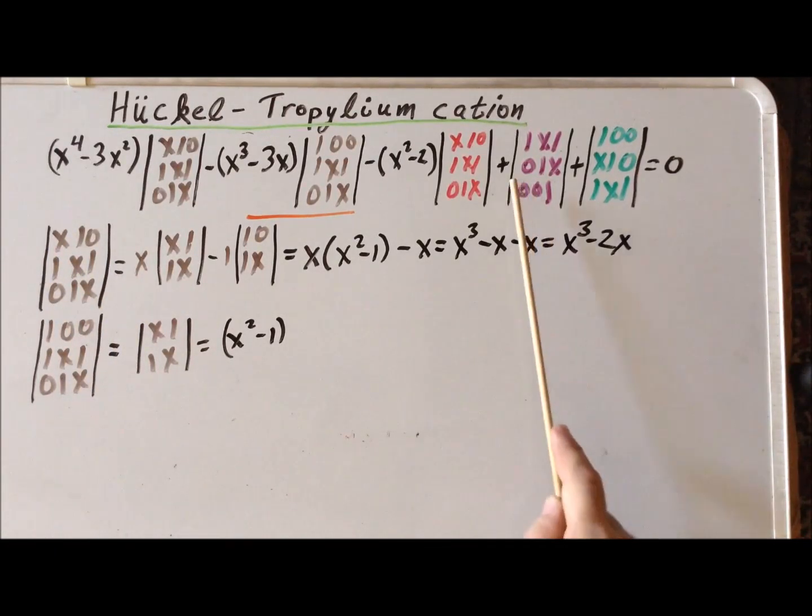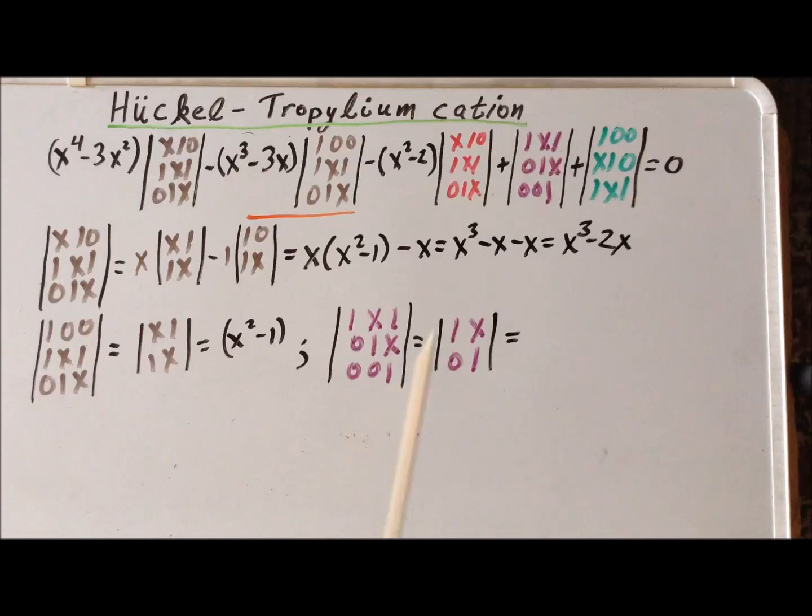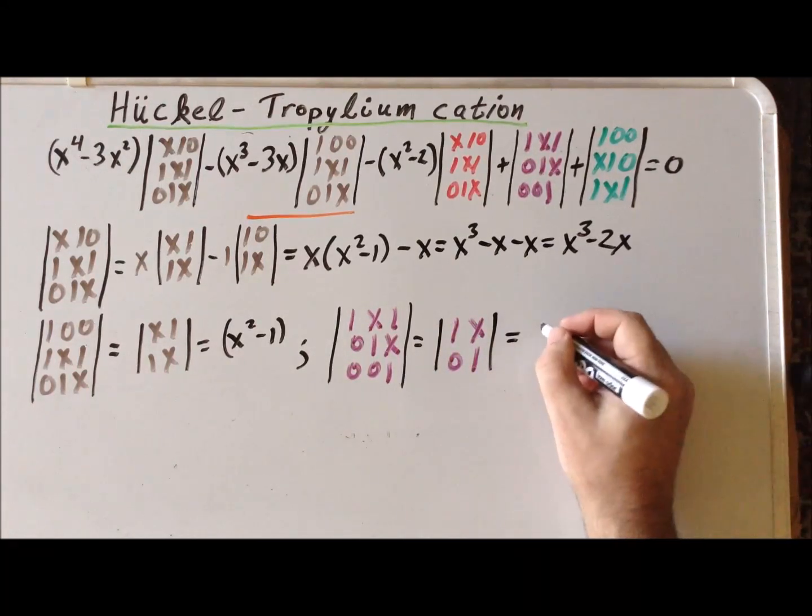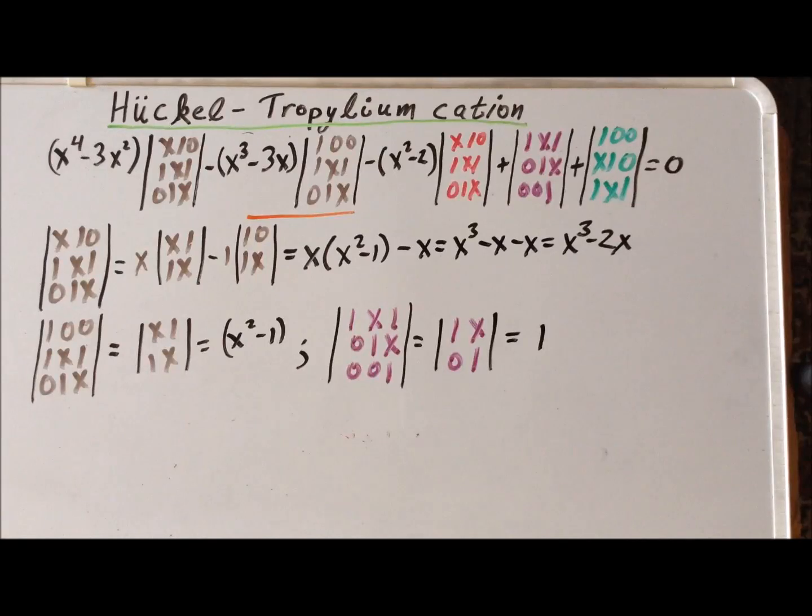So that leaves only the final two determinants to evaluate. For the purple 3 by 3 determinant, we expand using the first column, just using the 1, and then we have zeros. So that reduces to 1 times the 2 by 2 determinant 1, x, 0, 1, which is simply 1 times 1 minus x times 0, which is nothing but the number 1.